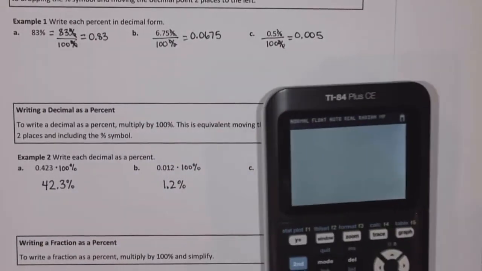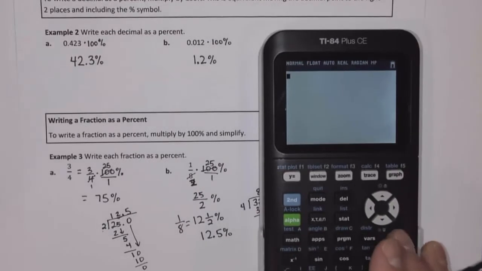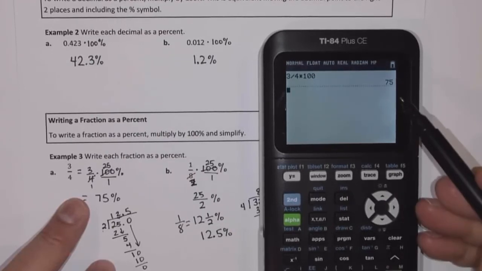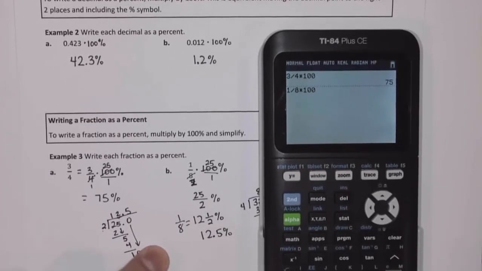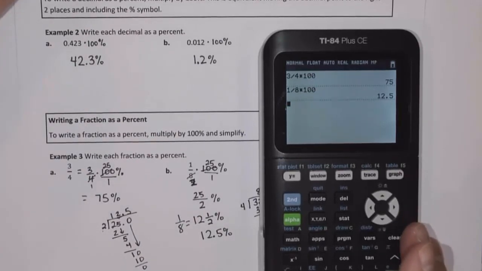And then similarly, here on example 3, if I take 3/4 times 100, that gives me 75, so 75%. If I take 1/8 times 100, that gives me 12.5, or 12.5%.